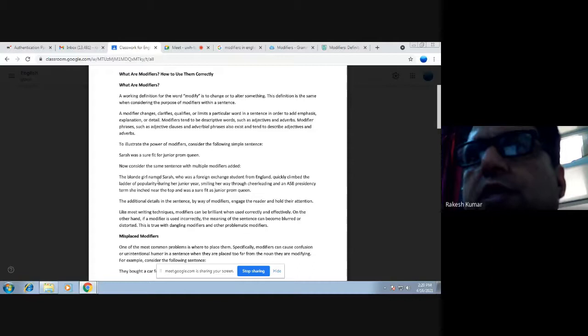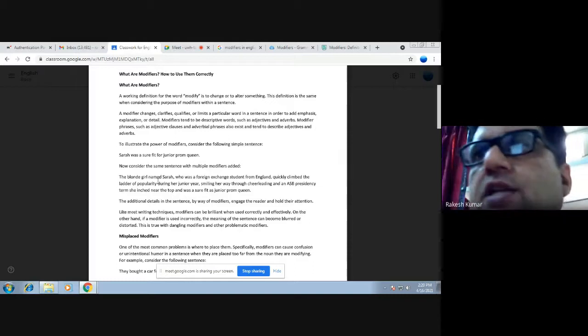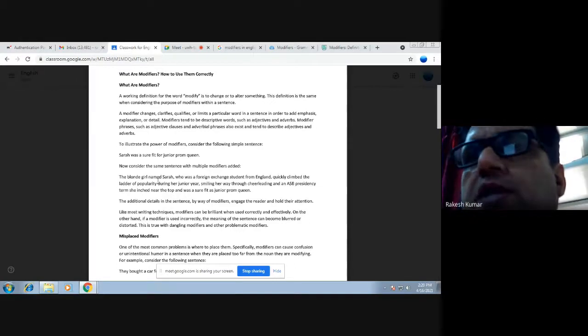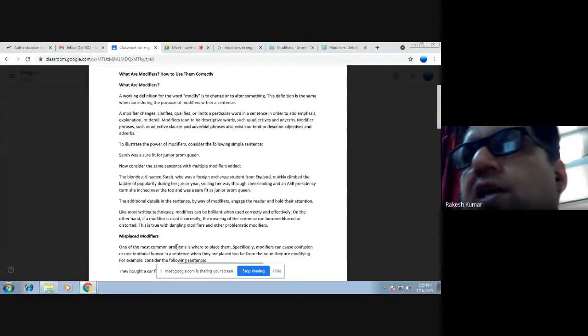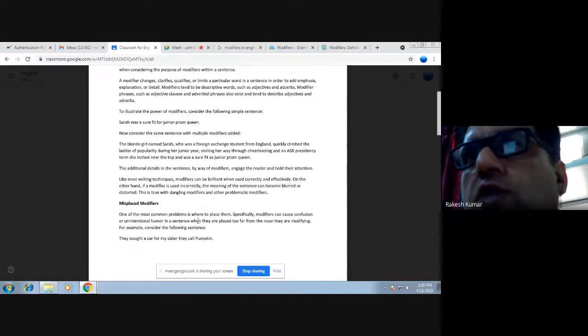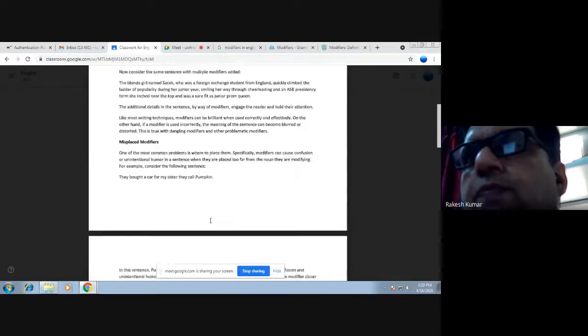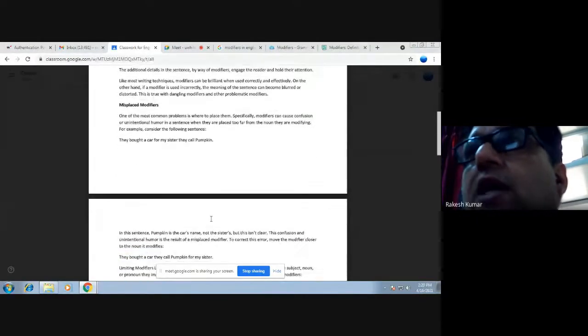The additional detail in the sentence by way of modifiers engages the reader and holds their attention. So basically, when you give additional information, it is easy for a reader to understand it, and it definitely catches the attention of a reader when they see something that they feel is great.